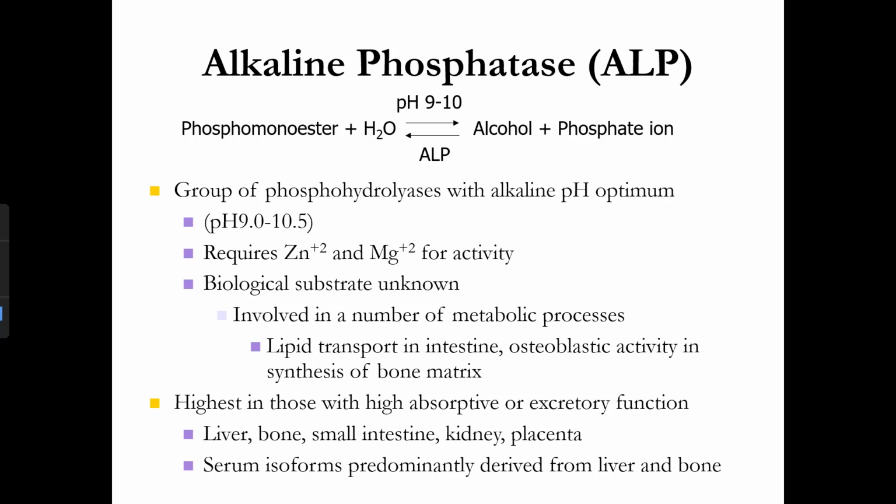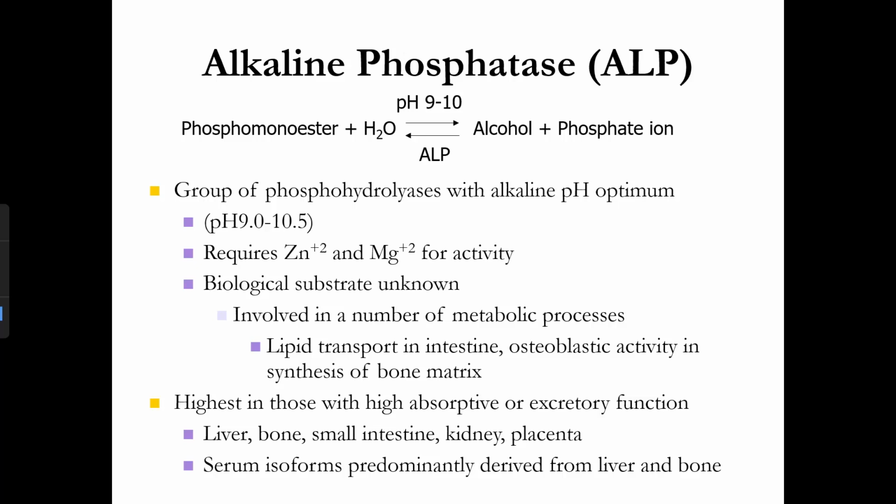Alkaline phosphatase. It's a group of phosphohydrolases with alkaline pH optimum, pH 9 to 10.5. It requires zinc and magnesium for activity. Biological substrate is unknown, but it's involved in a number of metabolic processes. Lipid transport in the intestine, osteoblastic activity in the synthesis of bone matrix, highest in those with high absorptive or excretory function.